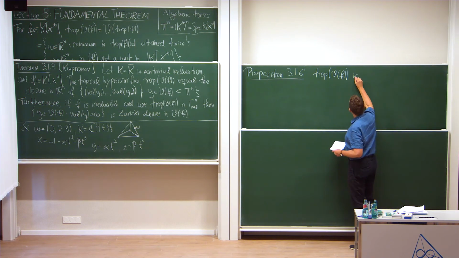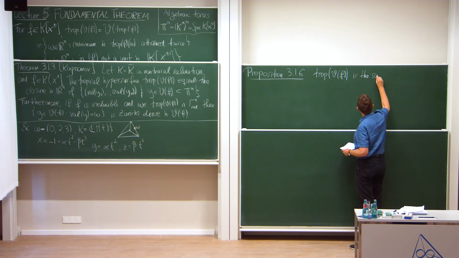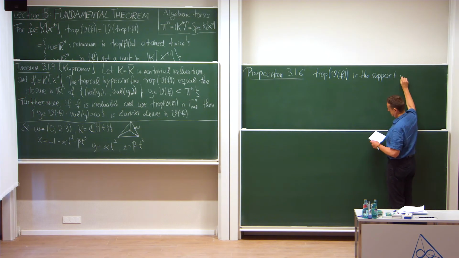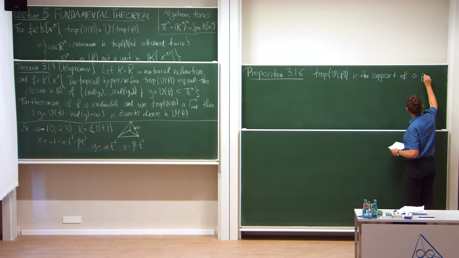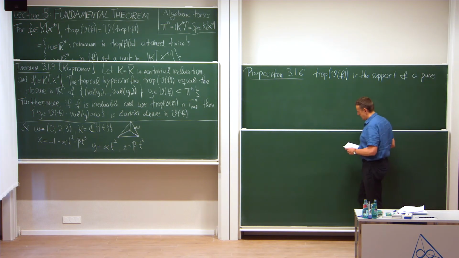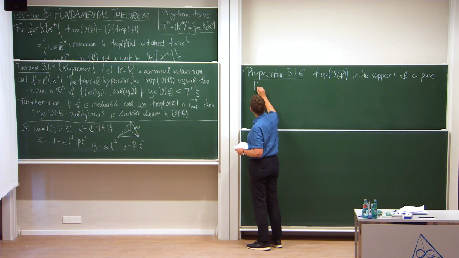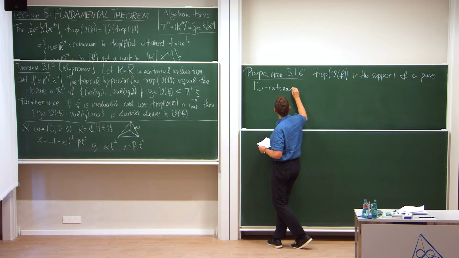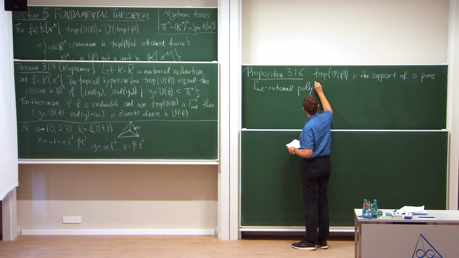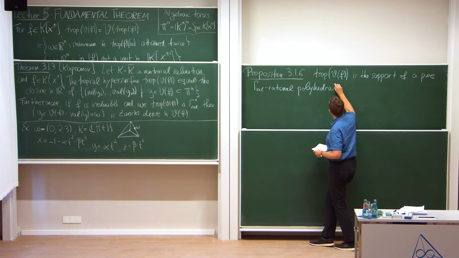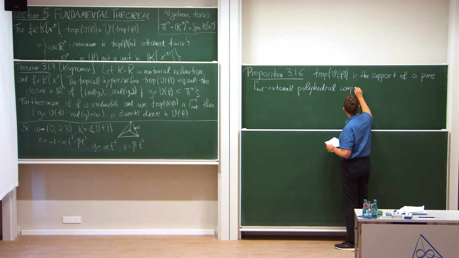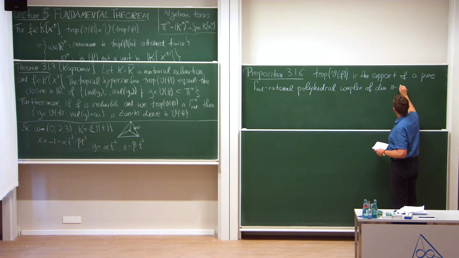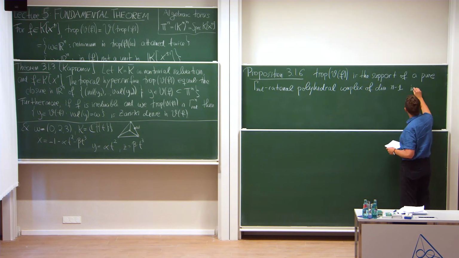The tropical hypersurface is the support of a pure, gamma-val rational, polyhedral complex of dimension n minus 1 in R^n.